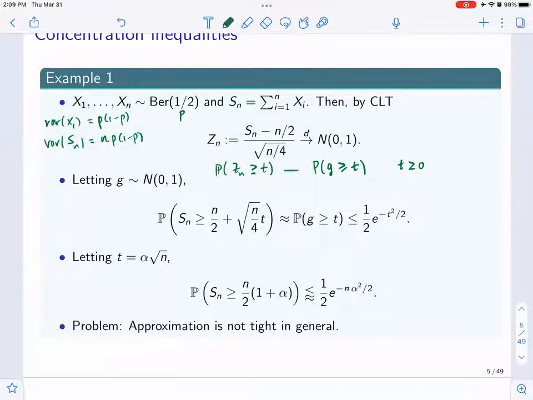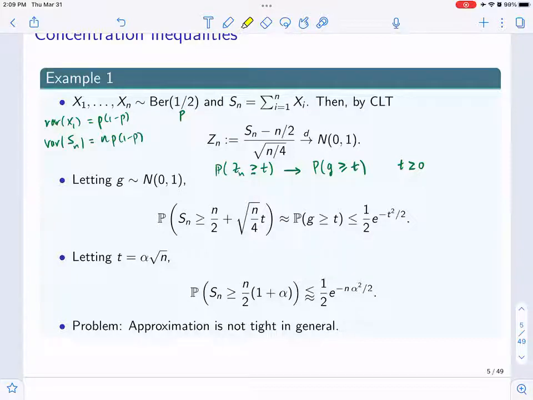If you plug in Zn and rearrange, you get what I have here. It's exactly the same event. So for large n, we can say it's approximately this. And it's easy to show, with some integration, that if t is bigger than or equal to 0, this inequality holds. The tails of a Gaussian are well known to satisfy this exponential decay.